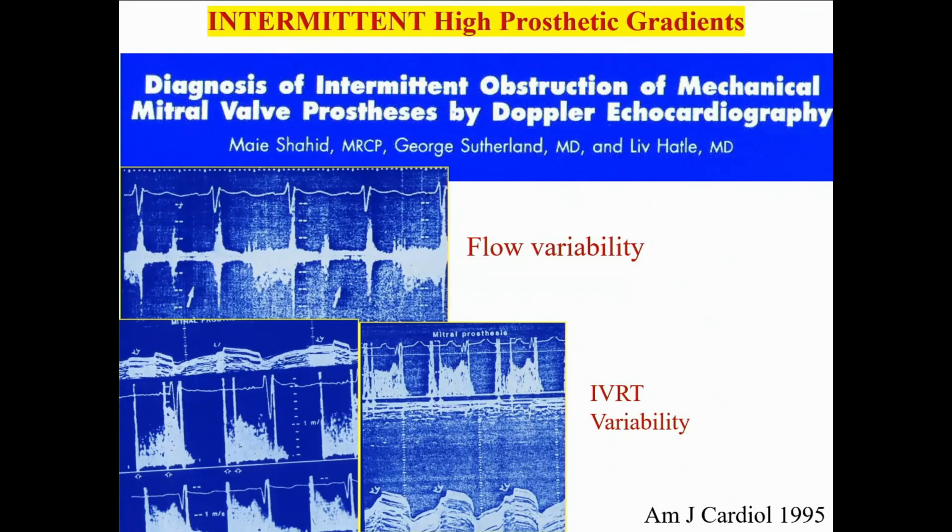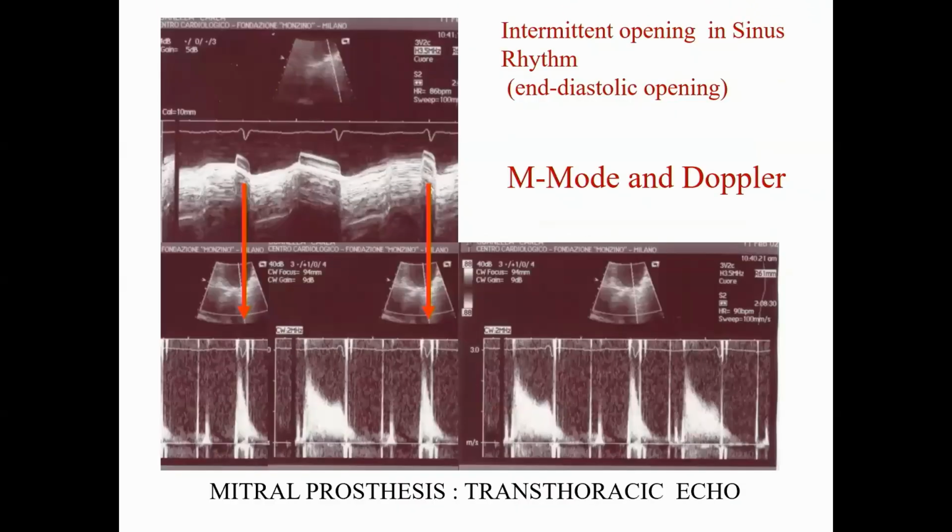Infrequently, we may have also intermittent obstruction. This has been first demonstrated by George Sutherland and Liv Hatle, and this is a typical case. You see, we are in a sinus rhythm, but in this beat we have the opening of the disc and the flow only in late diastole, while in another beat we have the opening of the disc throughout the entire cycle, and also the flow in the entire cycle.